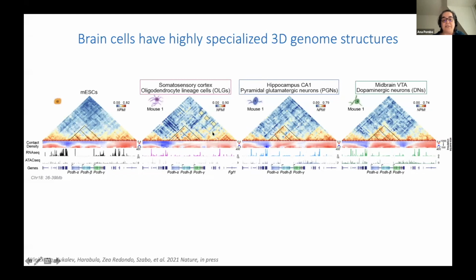But interestingly, this is really just a nuance. We could see also, for example, in the oligodendroglia, where we have FGF1 becoming active, but not really so much in the other brain cell types, that we now have a specific contact established between the alpha, beta, and gamma loci with the FGF, actually jumping over other genes that are active and, for example, not contacting active genes that are even closer in the linear genome, but are not, for some reason that we don't know so far, chosen for this specific interaction.